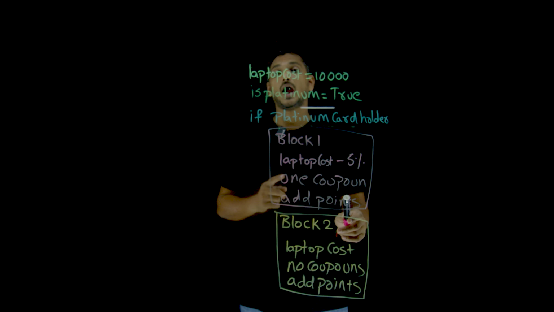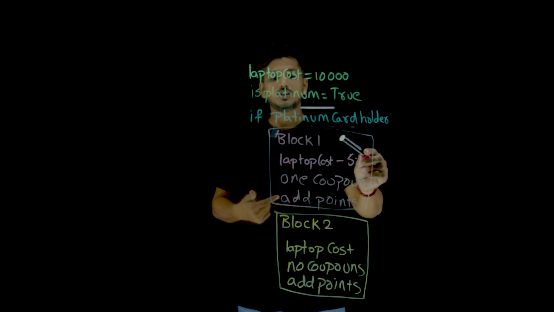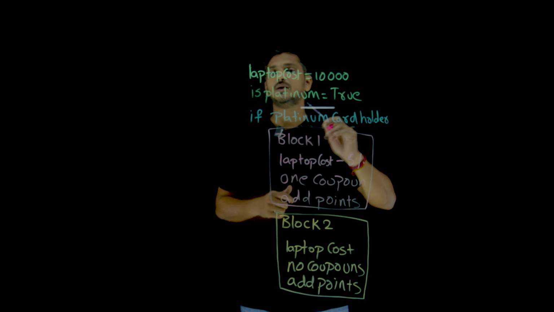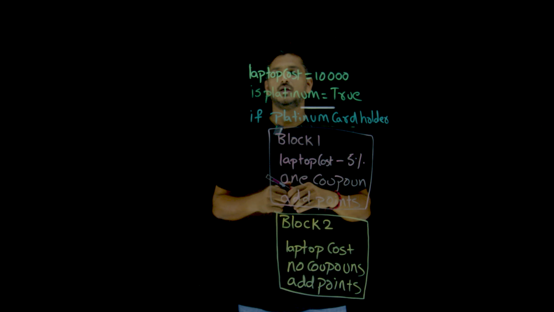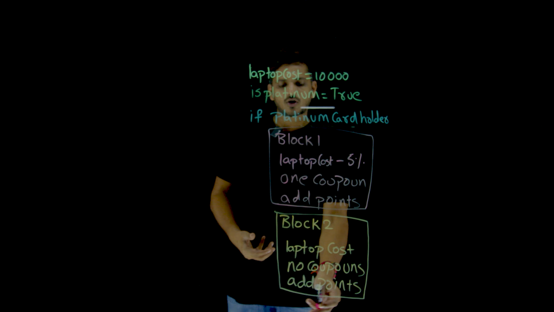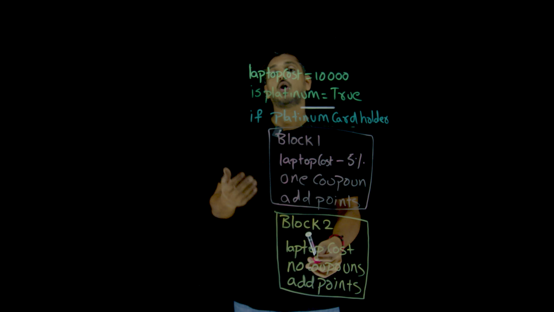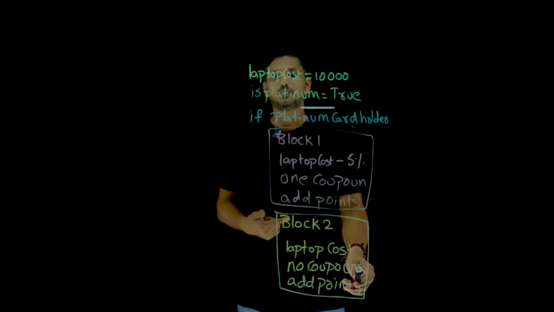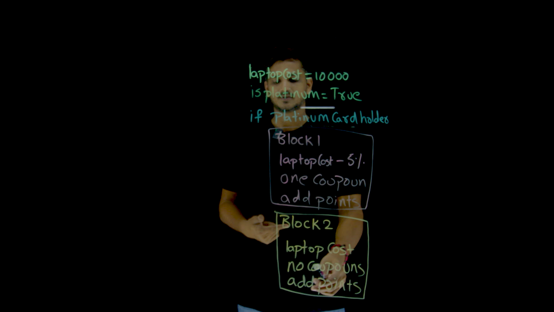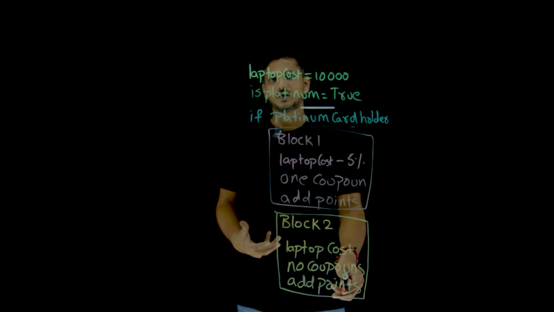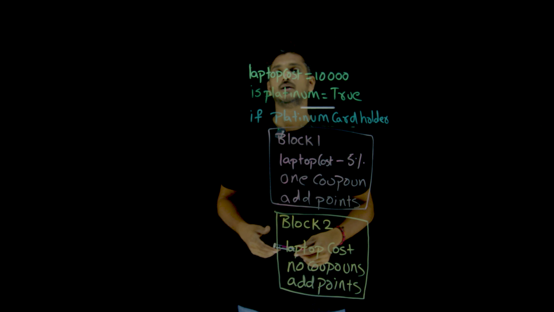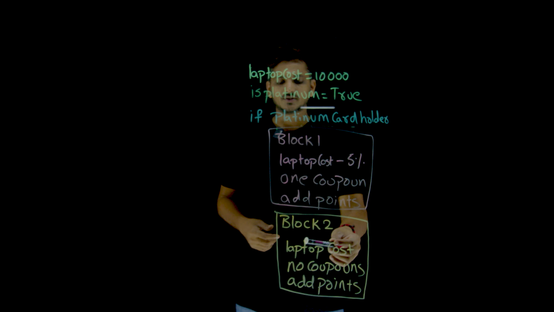Similarly, you are going to add points. All this logic belongs to platinum card holders, not the remaining persons. And block 2: this block of code is for non-platinum holders. Laptop cost as it is, no coupons for non-platinum card holders. And you will add some points, but the points added are different compared to the platinum card holder. That means the logic is different.